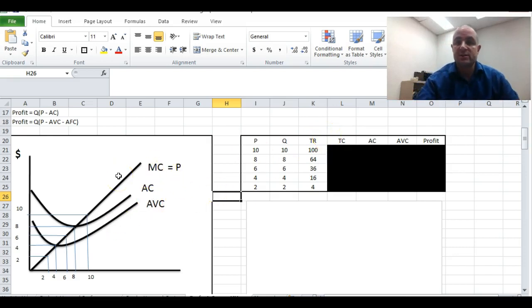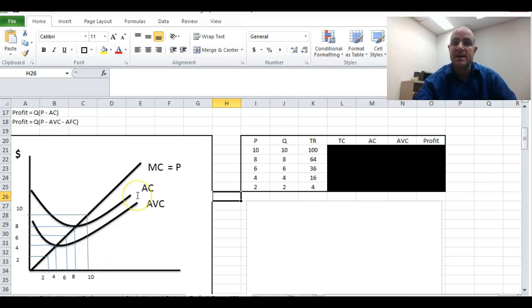So in general, when you look at these, where marginal cost equals the price, that's where you find the profit maximizing output level. At that output level, then you can evaluate different costs. So at 10, here is the average variable cost, here's the average total cost, and here's the marginal cost.